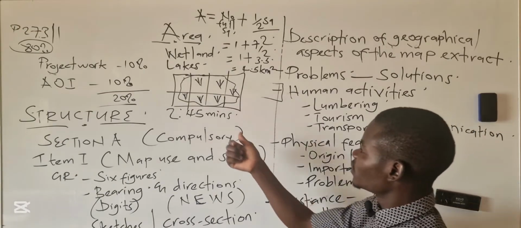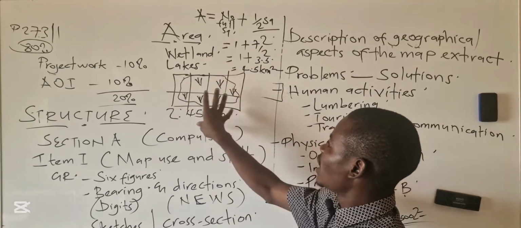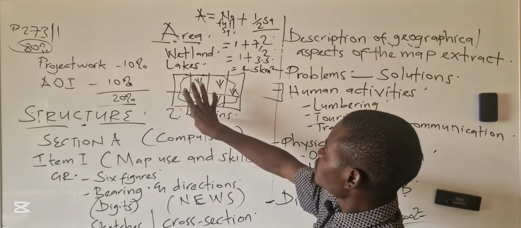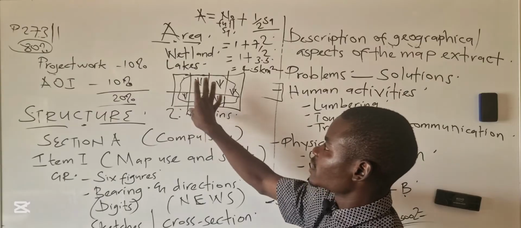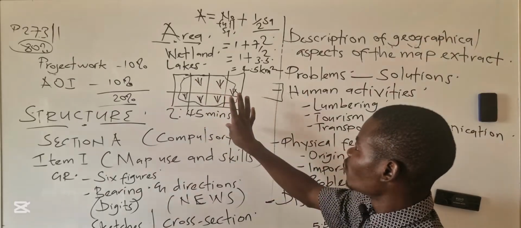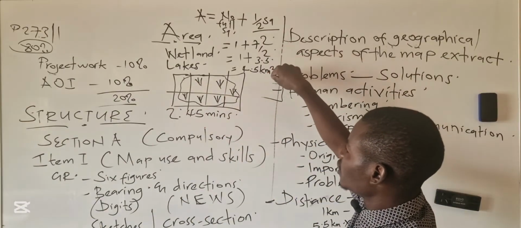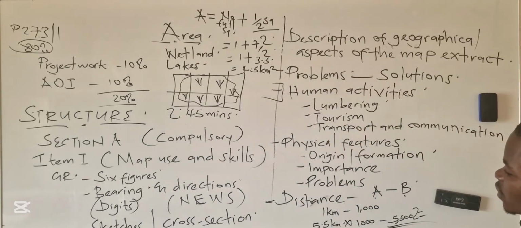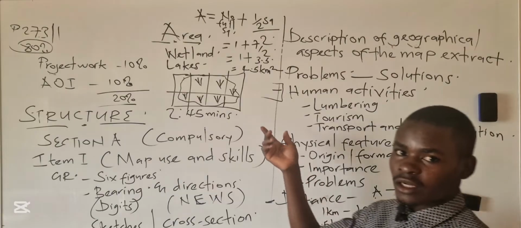But since this is not linear, it is area. Look at the portion covered by a certain physical feature. Of course, we square the kilometers. So that is it all about the area.